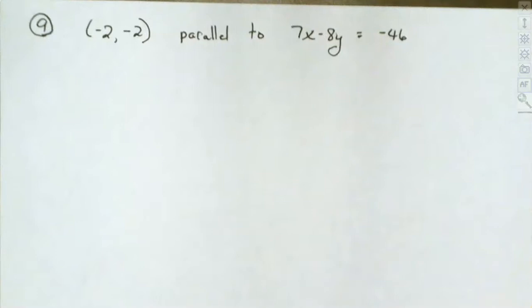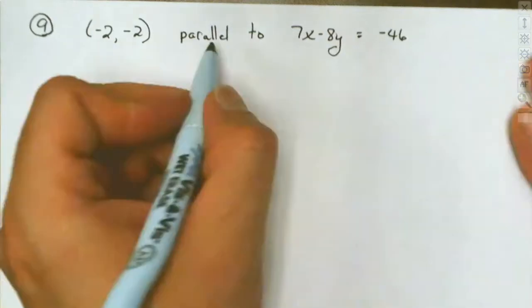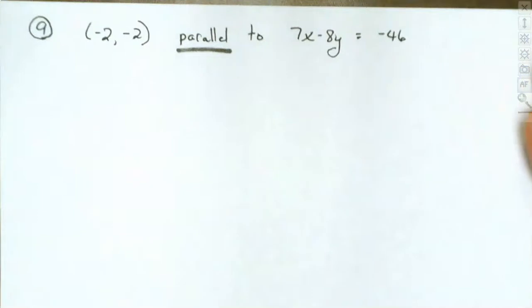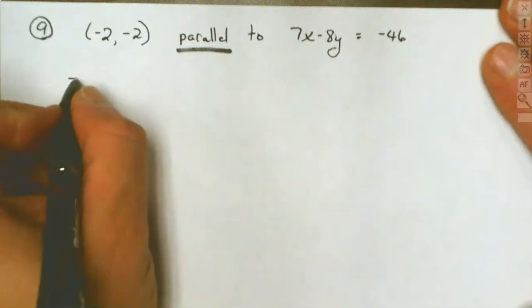Okay, now you can pull out your flow chart. You can use that flow chart on your final if you want. But what do we have? We have a point, right? And a line equation. We want to eventually use the point-slope formula. So we need to find the slope. And we can find the slope from that equation by simply solving it for y.